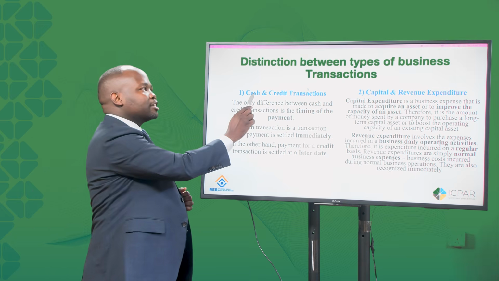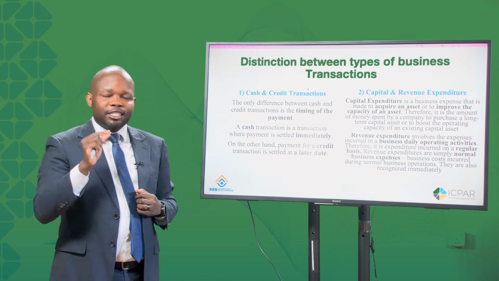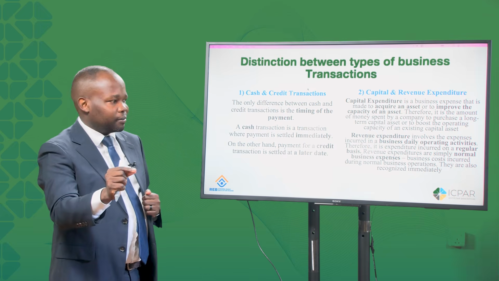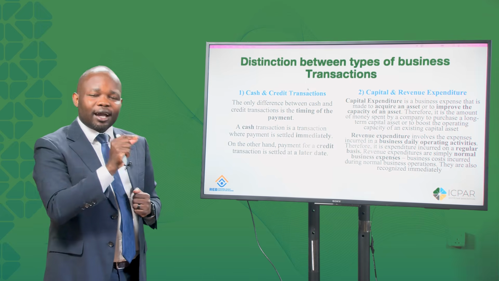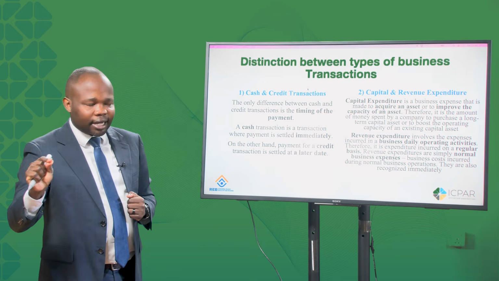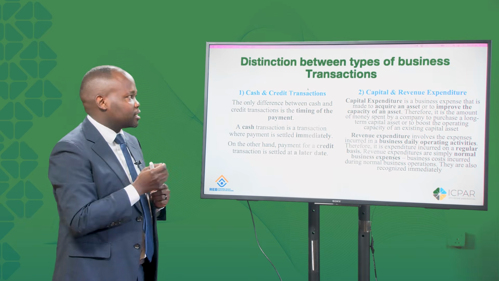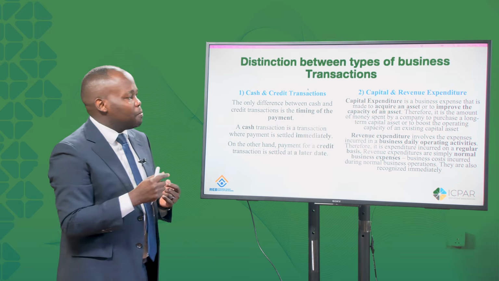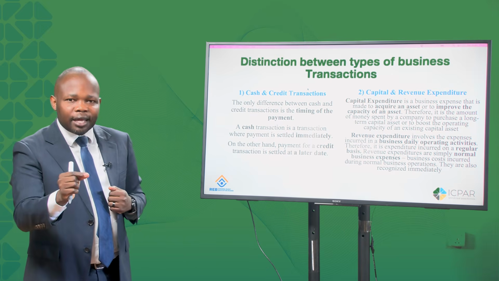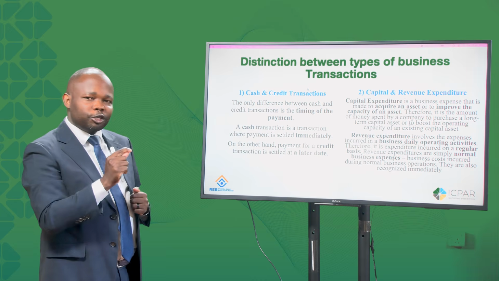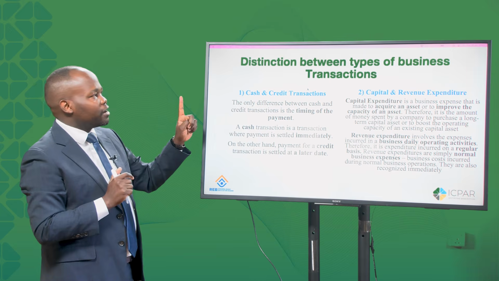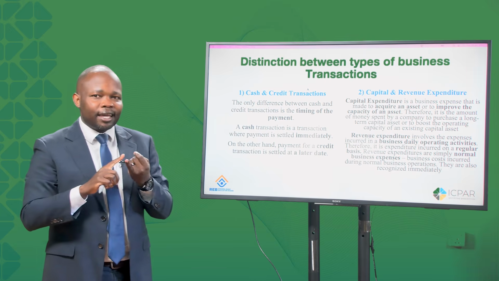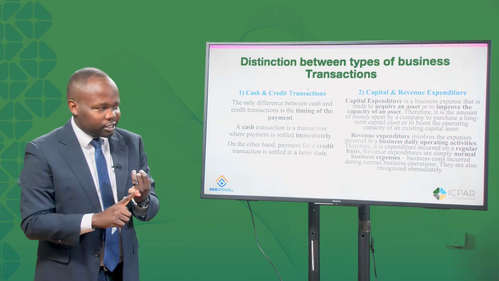In a cash transaction, the payment is made immediately, whether it is through cash or through a check. While on the other hand, in a credit transaction, the payment is not immediate. The payment is at a future date. So the difference between cash and credit is the timing of the payment.